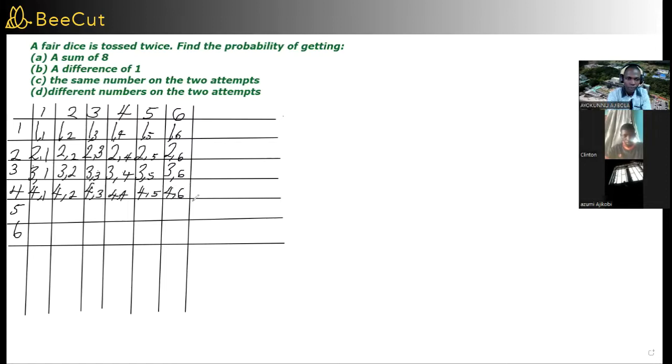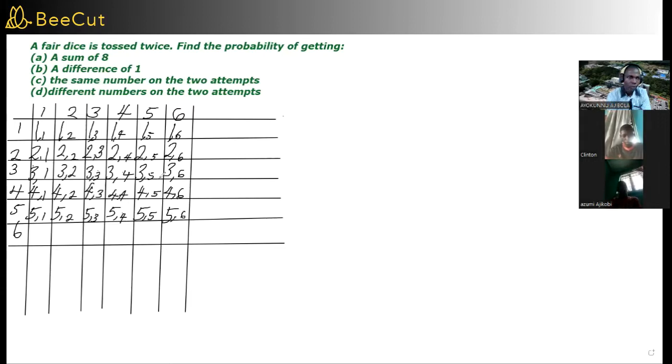Then the next one is possible also 5, 1. 5, 2, 5, 3, then 5, 4. Then 5, 5, and 5, 6.